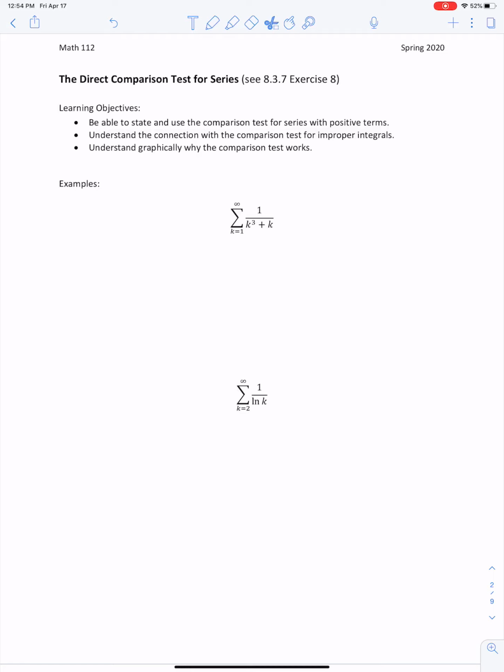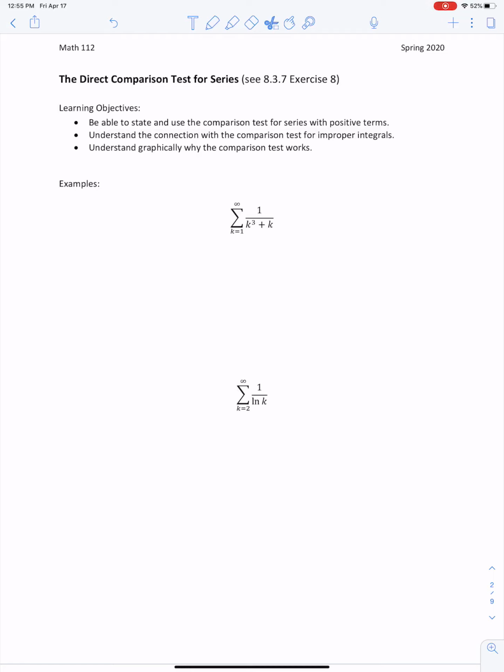As you look at it, you might start to guess, at least for this first series, that the terms you're seeing as the index gets larger, so the end behavior, which is what matters for convergence, these numbers, 1 over k cubed plus k, are getting really small pretty quickly. And so we might be tempted to think that this series converges.